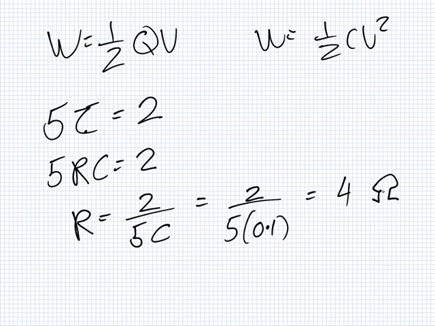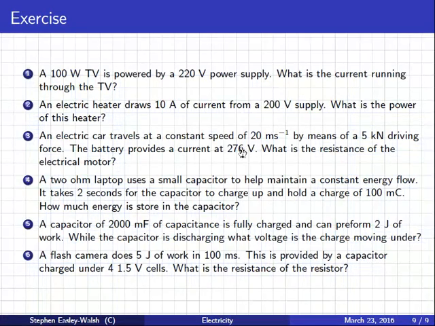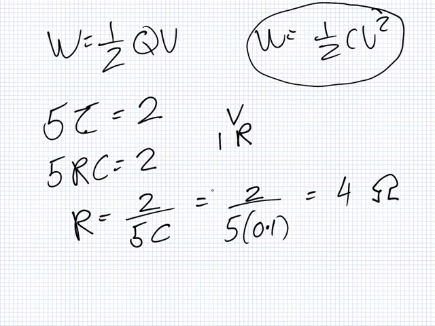Now is that any good? Well, no. We probably want to use this formula, but we don't know what the V is. Does our triangle help us? Do we have the I? Good question. Do we have the I? No. We only have that. We have the R though, and we have the C, and we have the time.